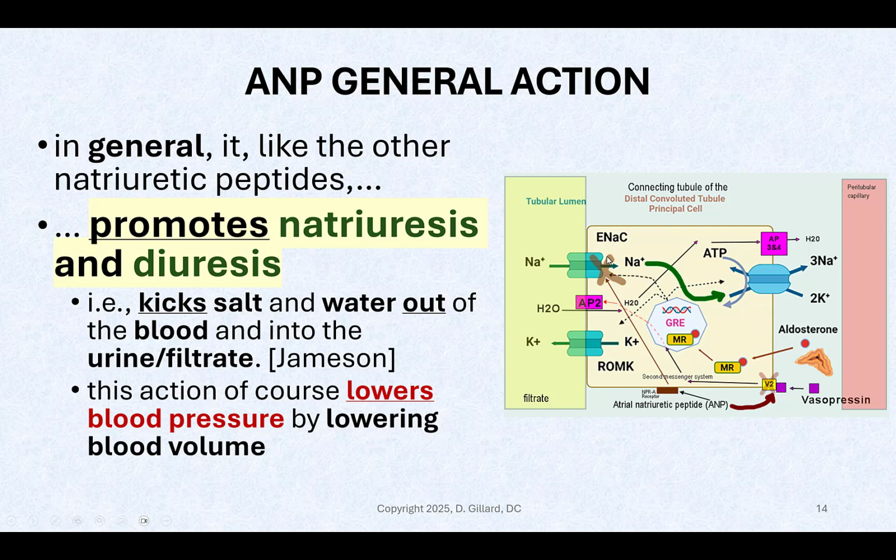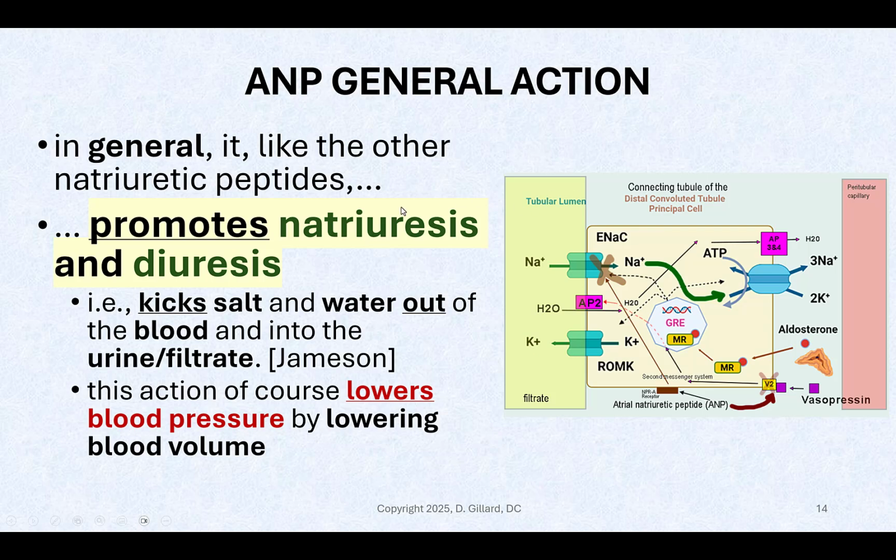And so if you don't have ENaC channels, you can't pull sodium out of the filtrate and put it in the blood like we're usually doing. There's always a basal amount, a tiny amount of aldosterone around. So we always have a little salt and water coming in. And those are both cut off because of this ANP. That's the whole story right there, told on one slide.